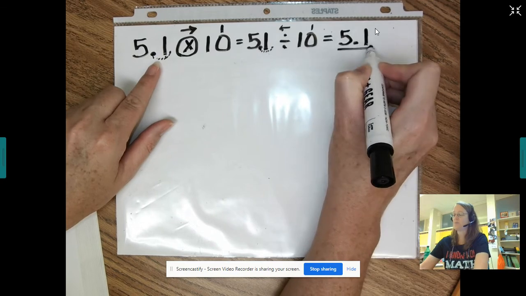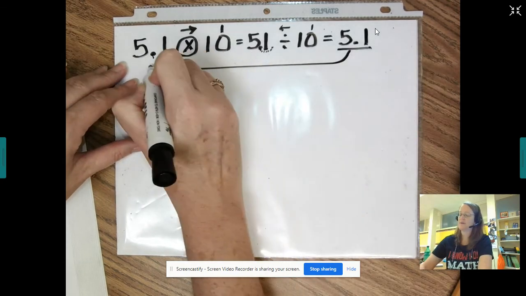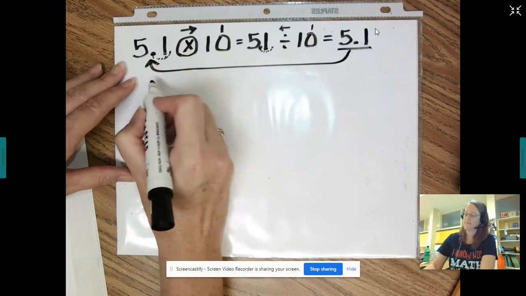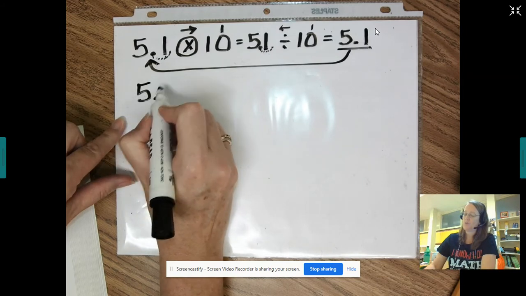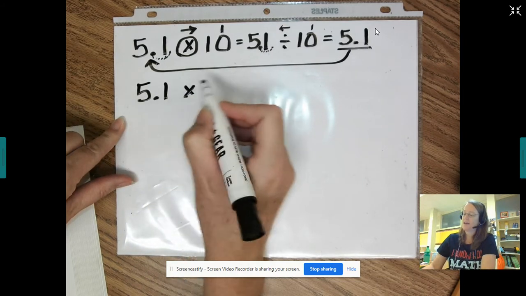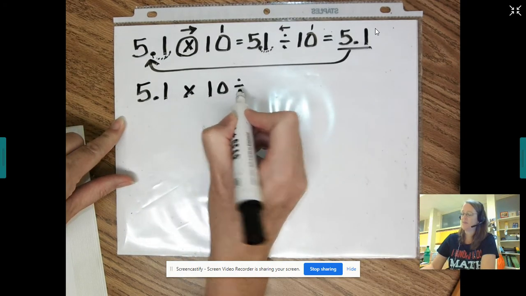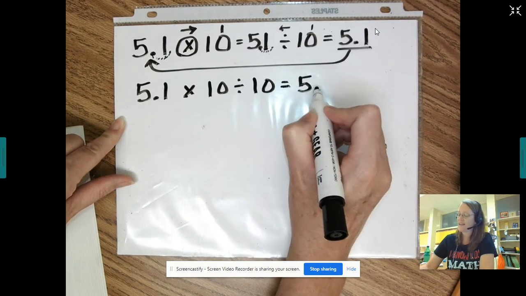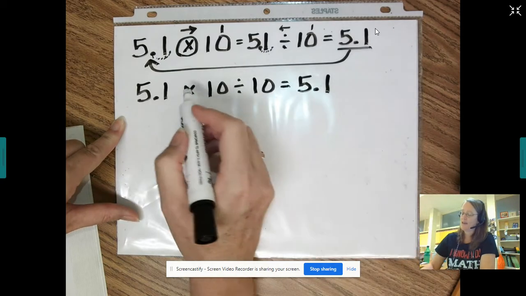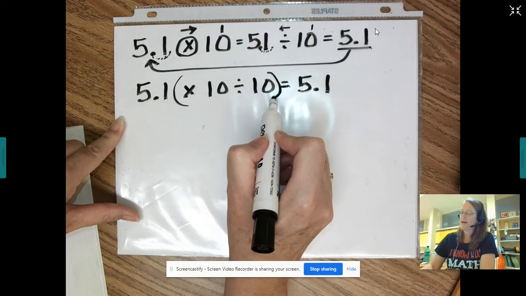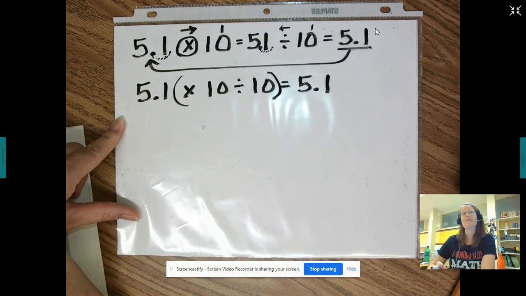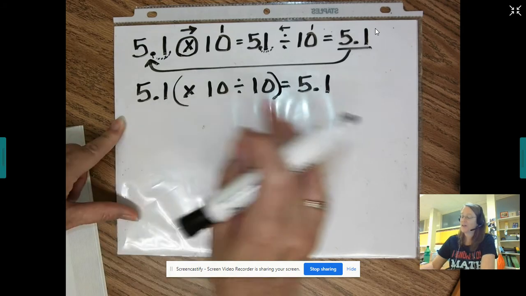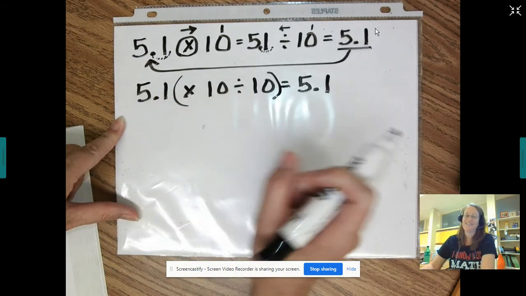I end up with the same number that I started with. 5 and 1/10 times 10 divided by 10 equals 5 and 1/10. Remember, when you multiply and divide by the same number, you're going to end up with the same thing you began with.